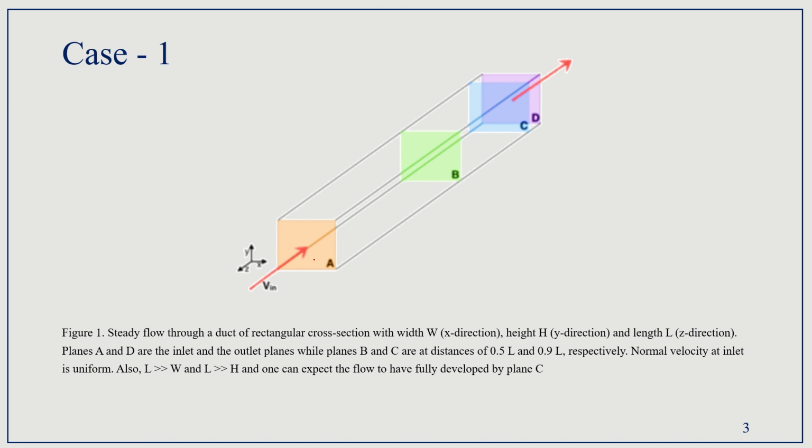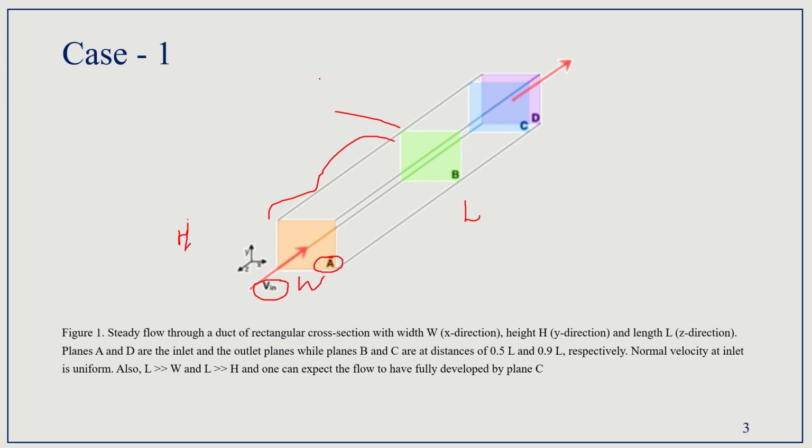So we have four different planes A, B, C and D. As seen before, this is height h, this is W and this is length L. Length is very much greater than both the height as well as the width of the duct. Plane A is the inlet plane, that is V inlet. Fluid is flowing through the duct and entering plane A with velocity V in, and leaving through plane D. So plane D is the outlet and plane A is the inlet, while planes B and C are in between planes A and D. Plane B is at exactly half the length.